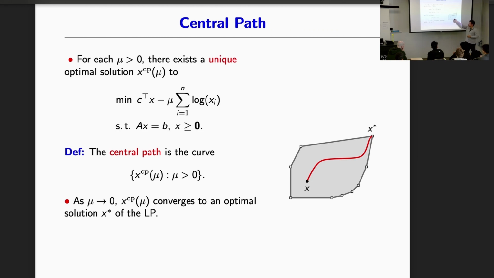Now, as you decrease the value of mu, the influence of the log barrier term reduces, and the solution will slowly make its way towards the true optimal solution of your original linear program. So as mu converges to 0, the central path converges to an optimal solution of your linear program.